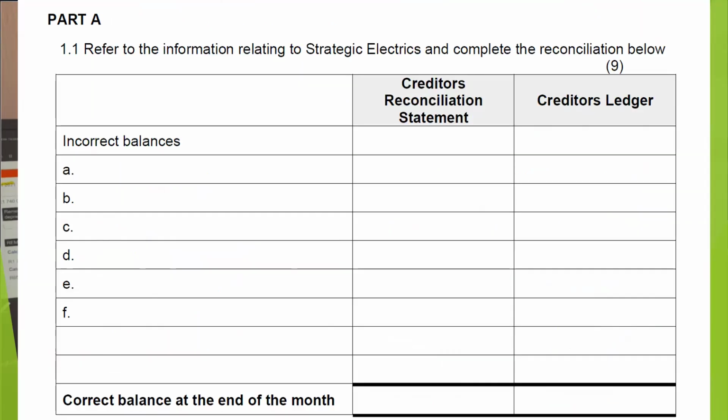The one that is in the statement of account will be the balance in the creditors reconciliation statement, and the one that was in the creditors ledger will be the balance in the creditors ledger. So we start with the closing balances, but we start comparing from where the balances are the same. You with me there?